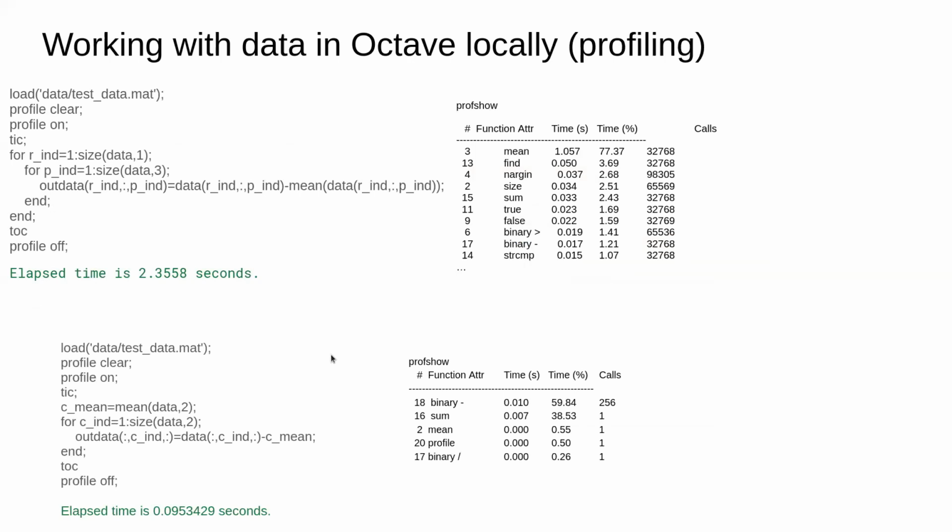Okay, so the next thing that I want to do is just take a look at the profiling of the function. So if I'm in my Octave instance, I can say I want to turn on a profiler, and I'll clear the data. I'll turn the profiler on, run an example with tic toc, and then take a look at the actual profiling information data.